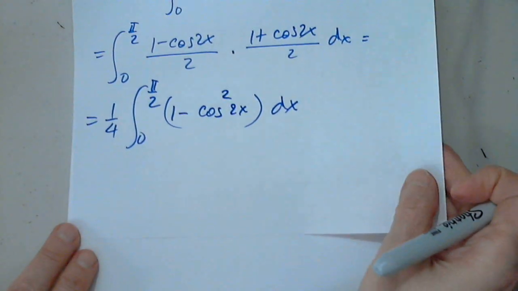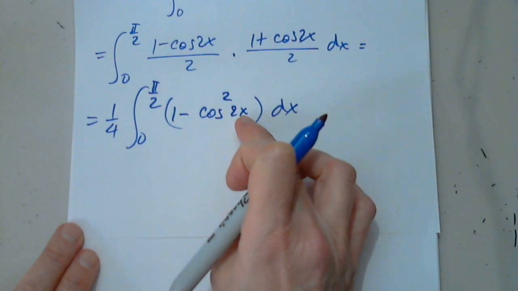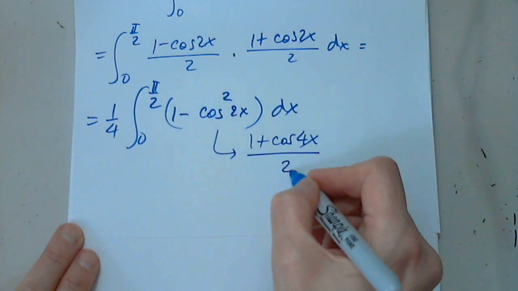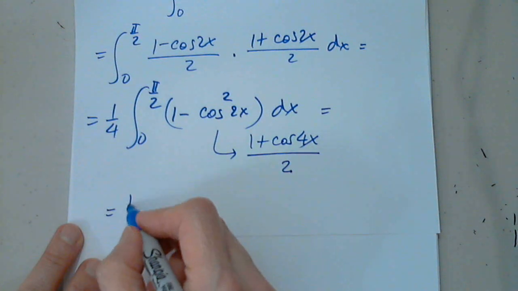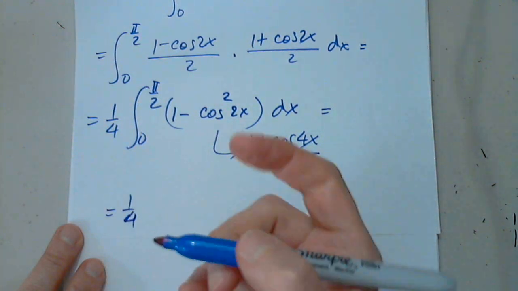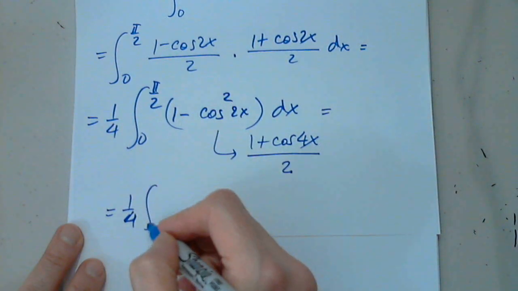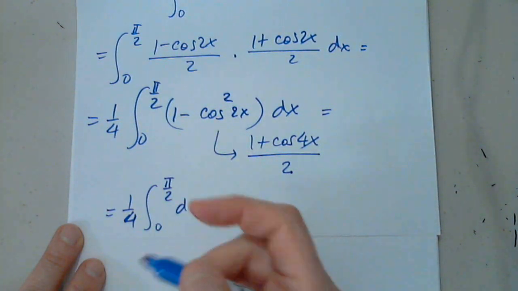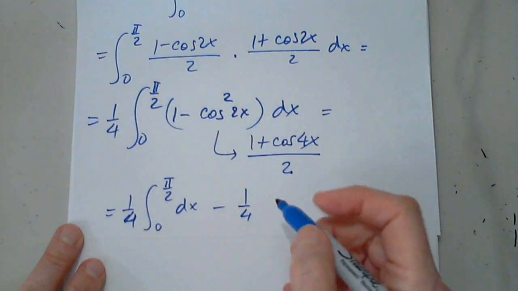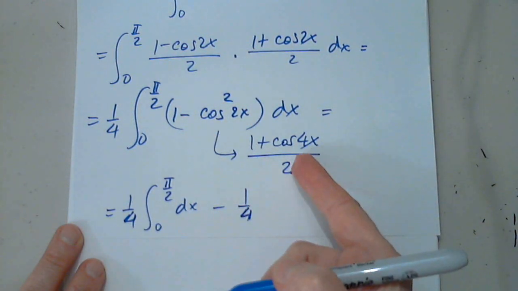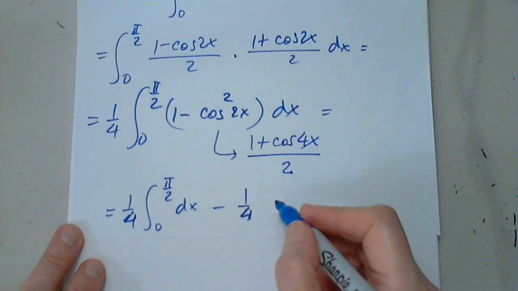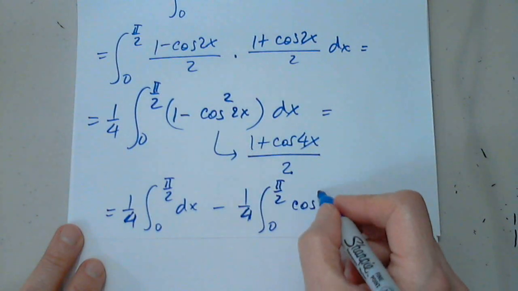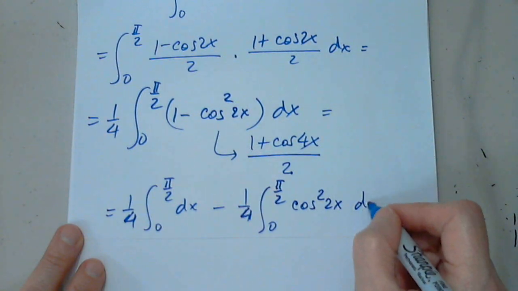As I mentioned before, cosine squared of 2x now changes into 1 plus cosine 4x divided by 2. So 1/4 outside: 1/4 times the integral from 0 to pi over 2 of 1 dx, minus 1/4 the integral from 0 to pi over 2 of cosine squared 2x dx. I'm going to write it first so you can see it, and then I'll replace it.